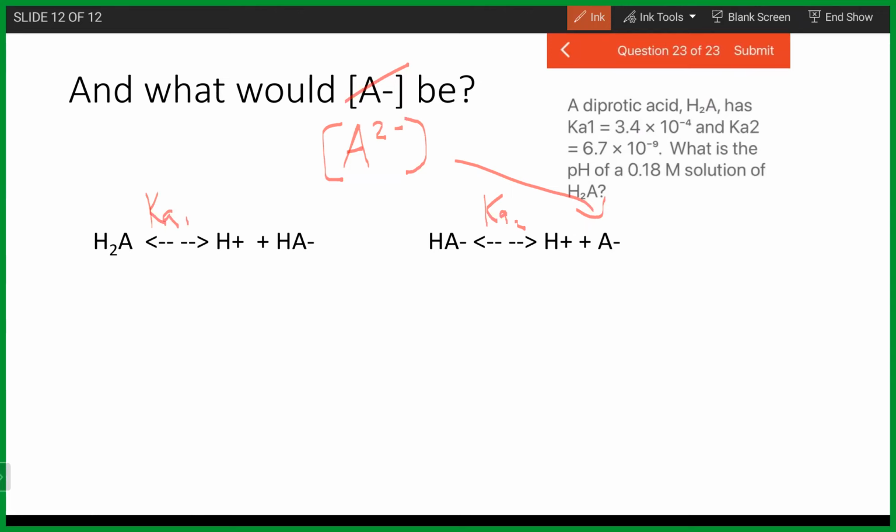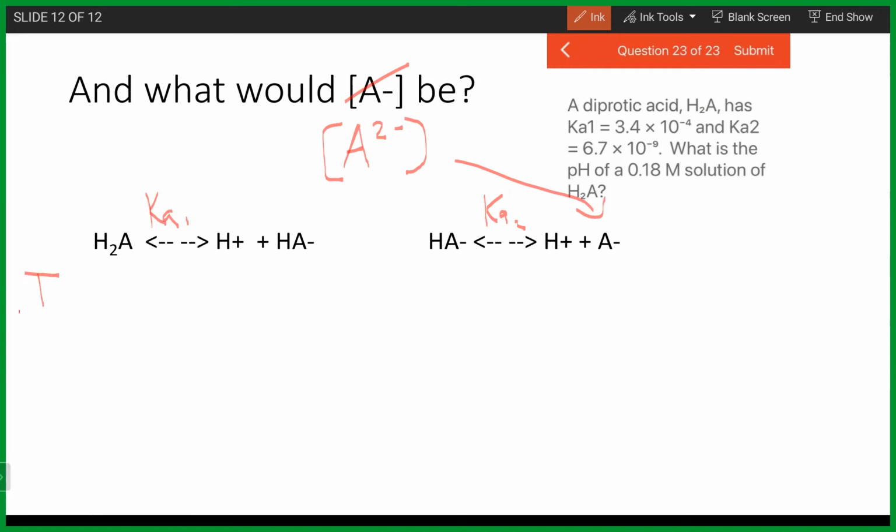So when we're looking in terms of the pH of this solution, we can really just focus on that first dissociation, because when we're looking at the hydrogen ion, both of these are going to give us H+, but that first dissociation is going to occur 10 to the 5th times more. So that's going to be what we're focused on. That's where we're going to get the vast majority of the hydrogen ion. So with the pH, we can essentially just focus on that first one.